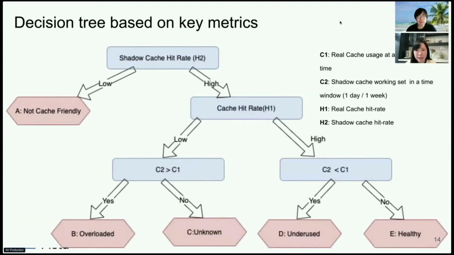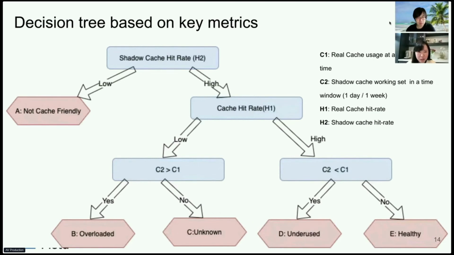Next slide. Yeah. So here are the four main metrics we observe in production. We observe the real cache usage and the shadow cache working set. And we observe the real cache hit rate and also the shadow cache hit rate. Based on the comparison of those four metrics, we will have this decision tree that helps us understand the current health of the caching system.